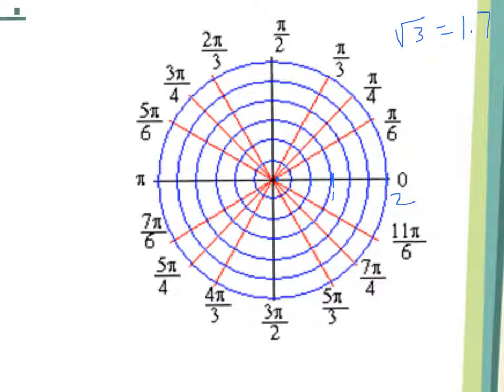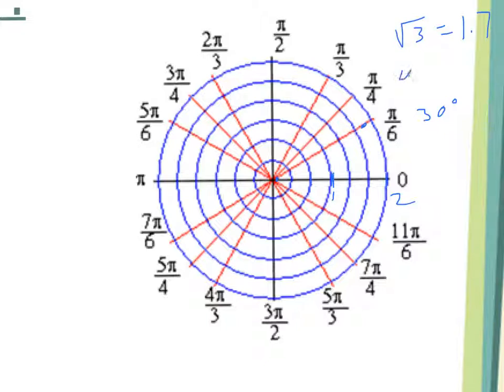So when I go up 30 degrees, that would be at pi over 6, I would go up to a little bit farther than that. That would be 1.5. Put up there.